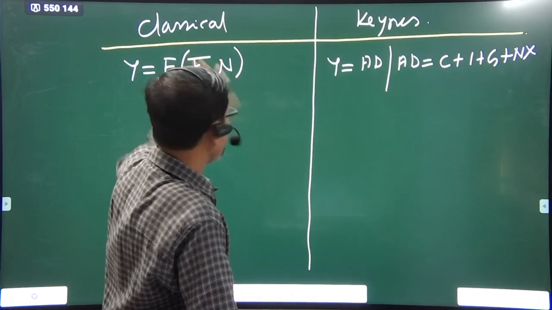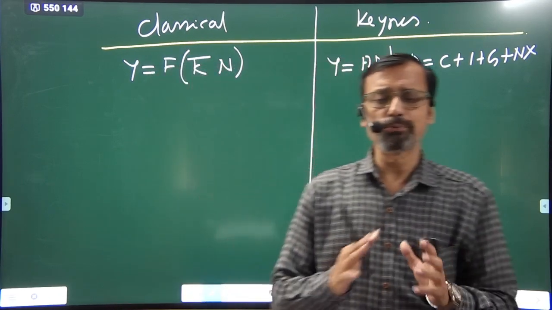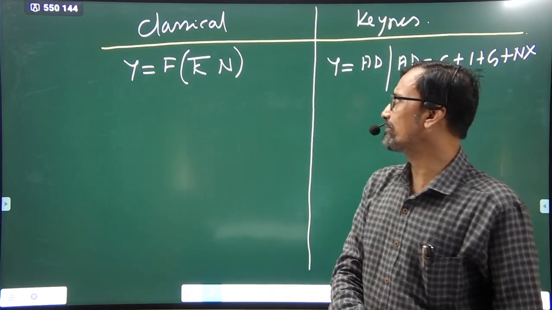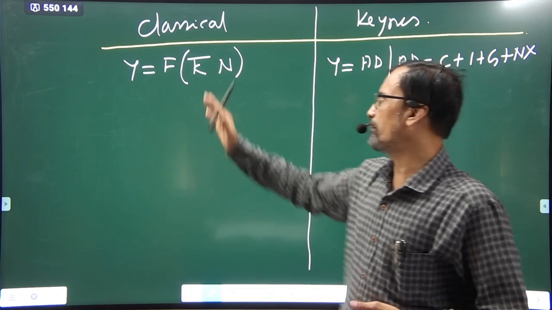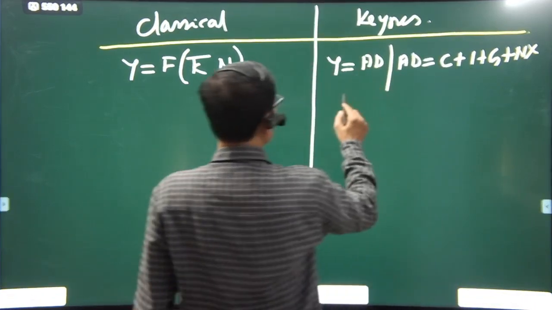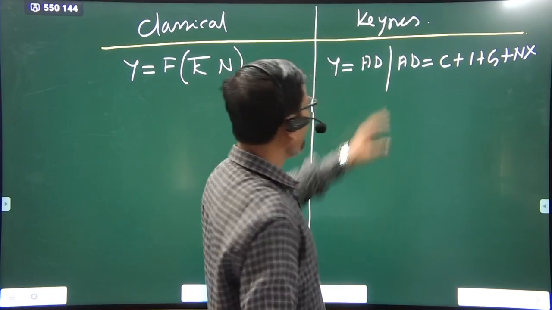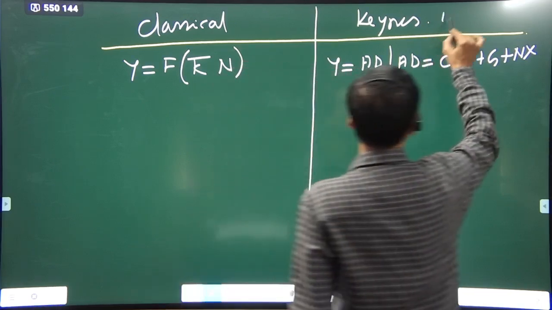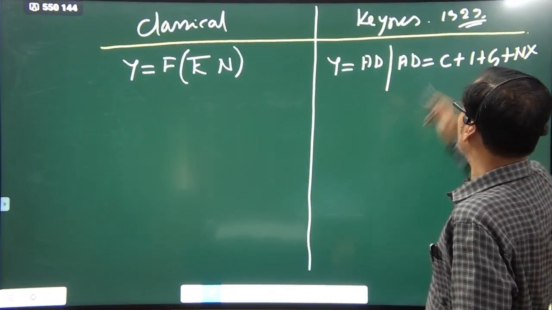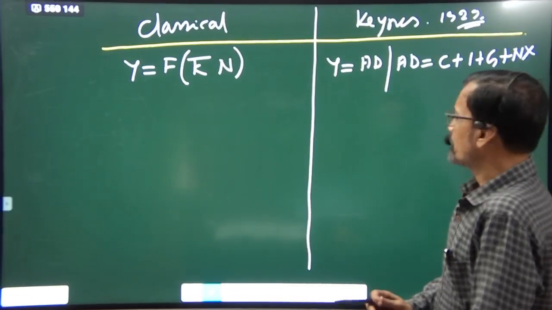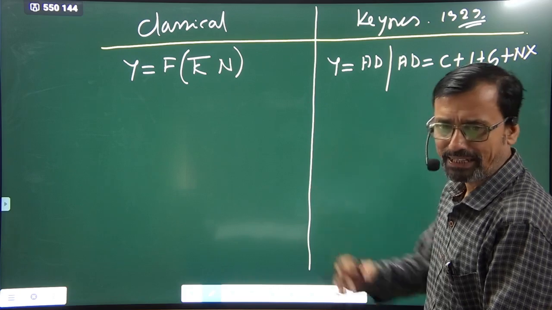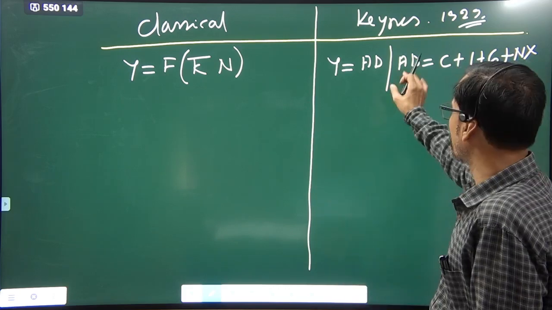But in the classical model, total output or national income will increase because of technology improvement, capital stock enhancement, and more employment. Keynes's version emerged after 1929, that is, after the Depression. After the economic depression, it was seen that national income had fallen drastically because of a shortage of aggregate demand.